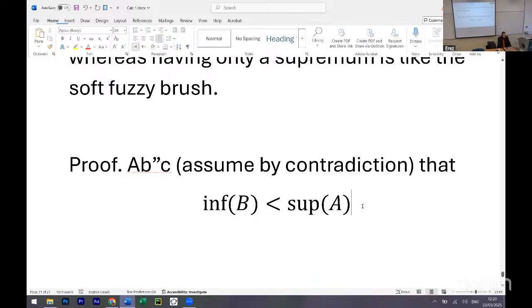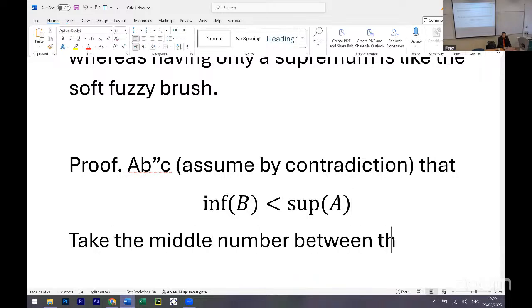Take the middle number between the two numbers above. What is the mathematical formula for the middle part? Of A, infimum of B divided.